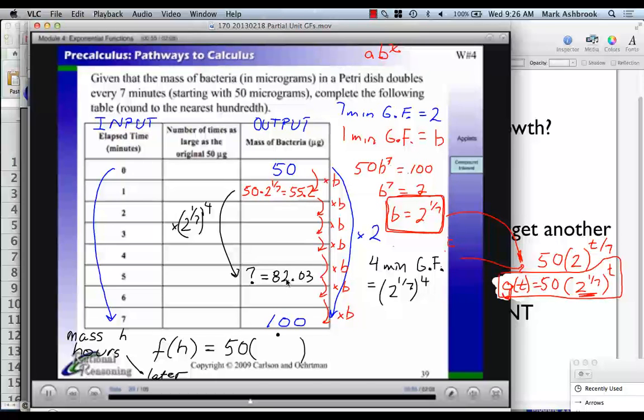So, which growth factor is going to go in here? 2 to the power of 1/7. Is that it?